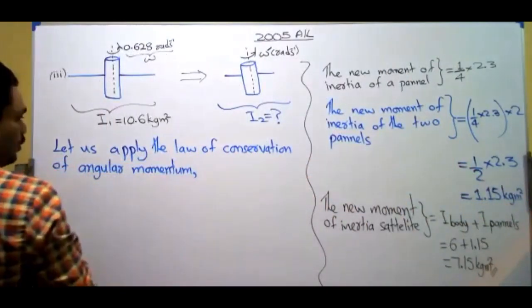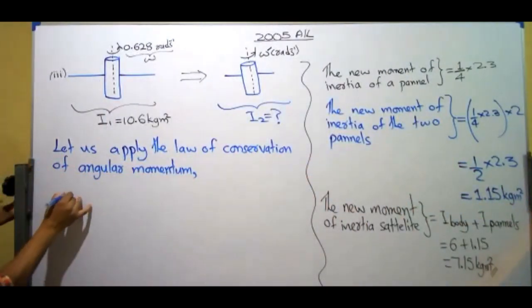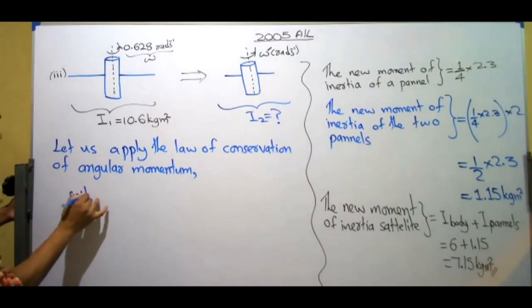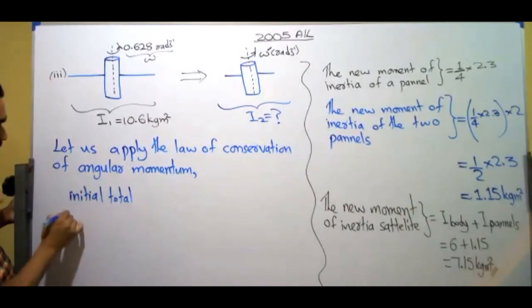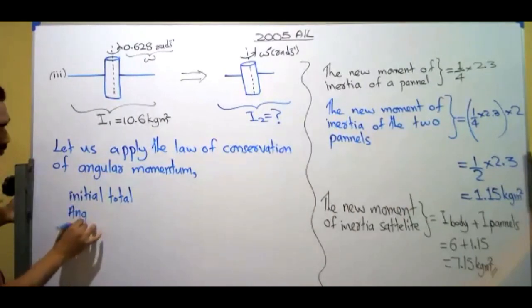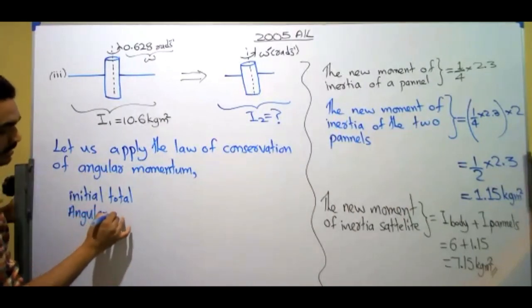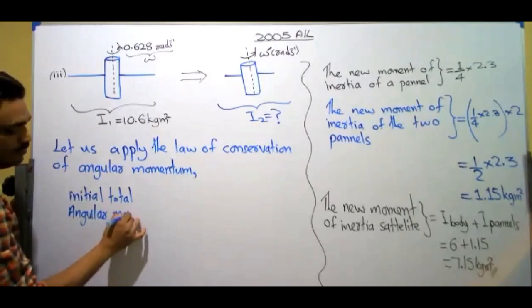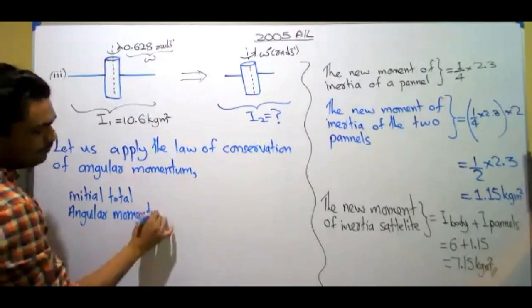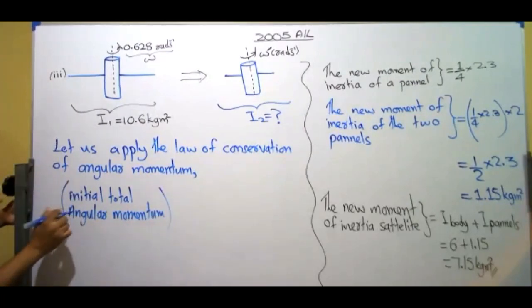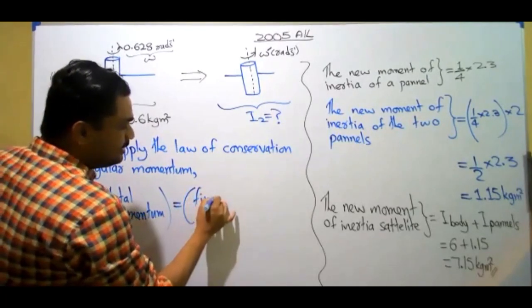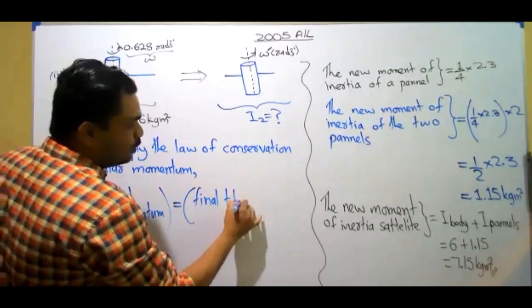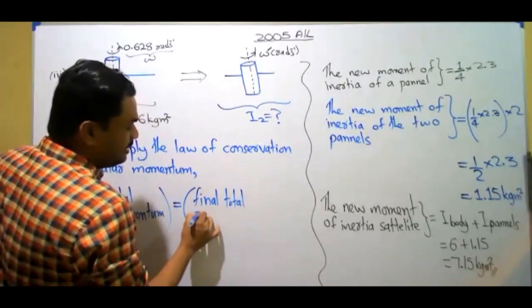Right. So this law tells us initial total angular momentum equals final total angular momentum.